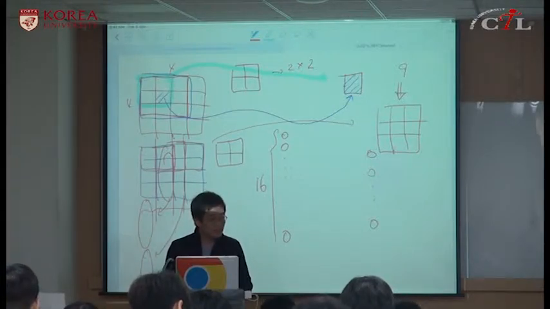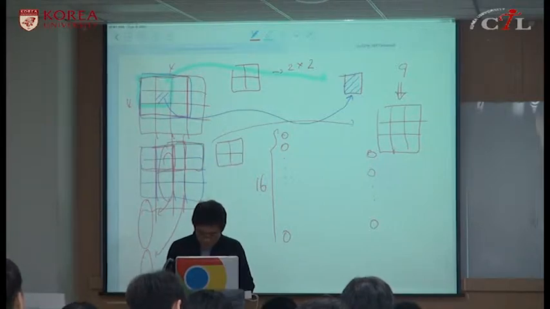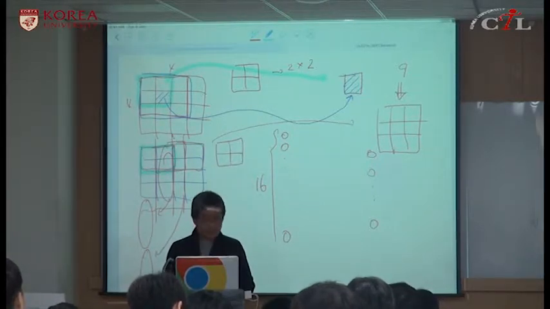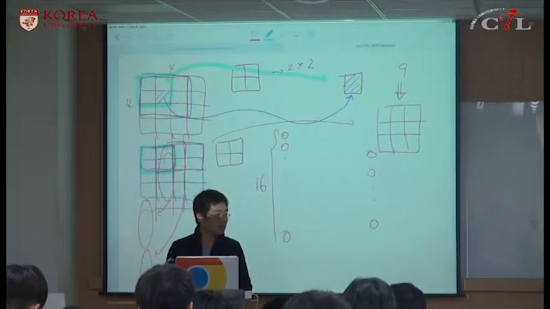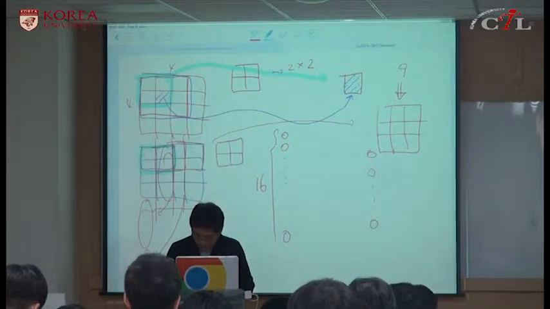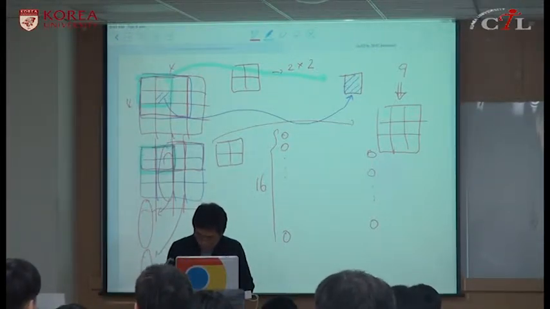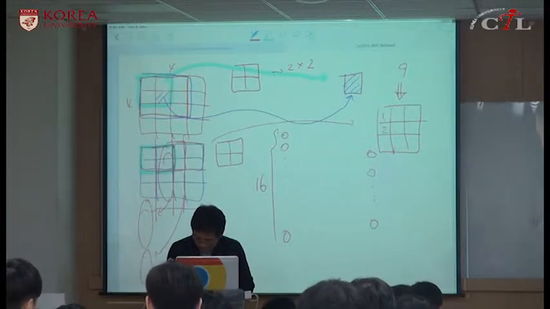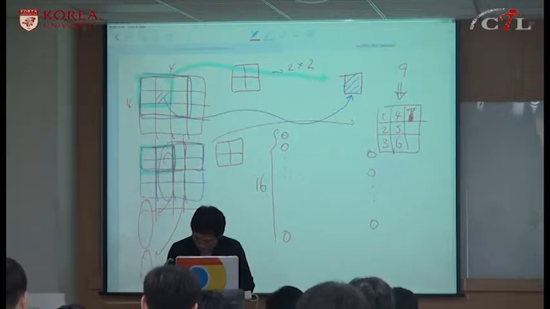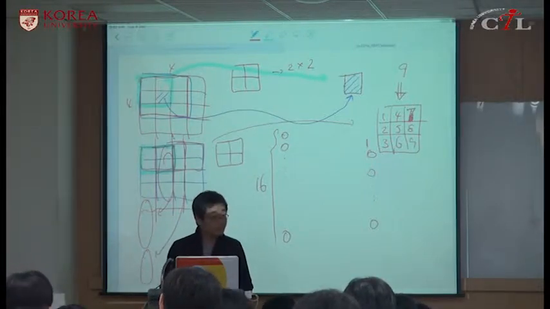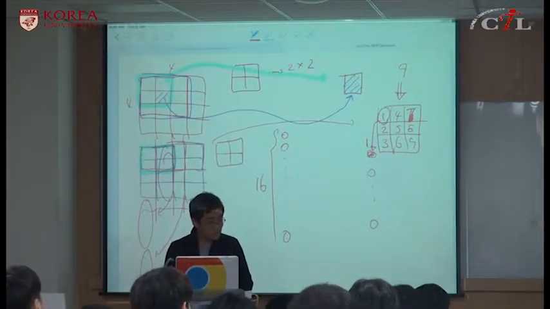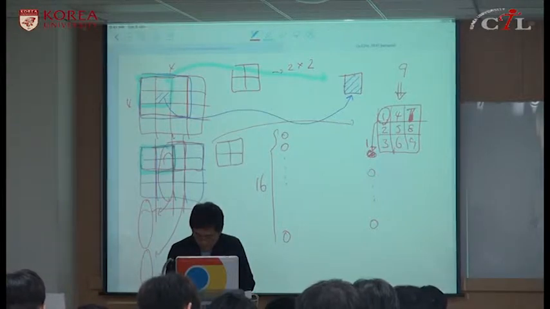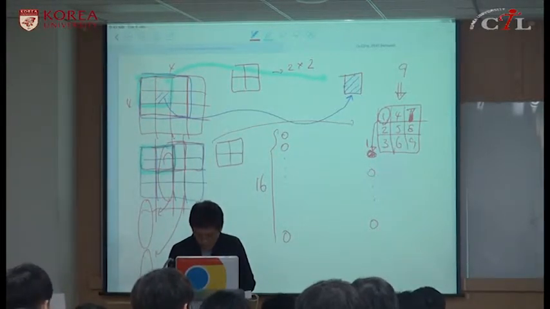And then let's think of their connections. In the case of applying this 2 by 2 filter at the upper left position, let me enumerate the pixels as 1, 2, 3, 4, 5, 6, 7, 8, 9. Suppose this first pixel in the output activation map, let's consider its connections.